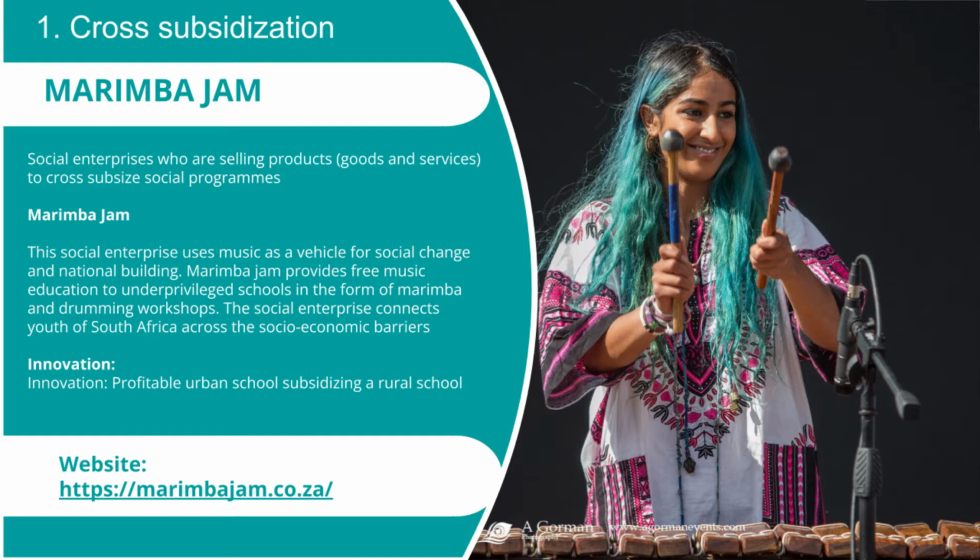So in this model, profitable urban schools are in a sense subsidizing rural underprivileged schools by paying for Marimba Jam lessons on the one side, and subsidizing Marimba Jam lessons at disadvantaged schools on the other. And this is also one of the first African musical instruments that's been brought into the curriculum of South African schools.